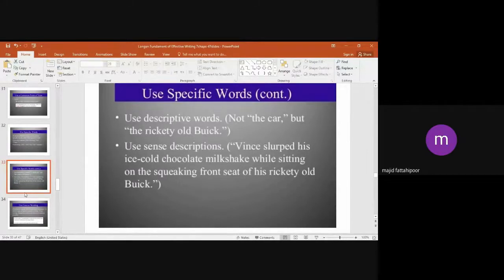And using sense descriptions, you see here, for example, instead of saying the boy ate his milkshake while sitting on an old car, instead of saying this, we can make it more lively, more specific by saying Vince slurped his ice cold chocolate milkshake while sitting on the squeaking front seat of this rickety old Buick.